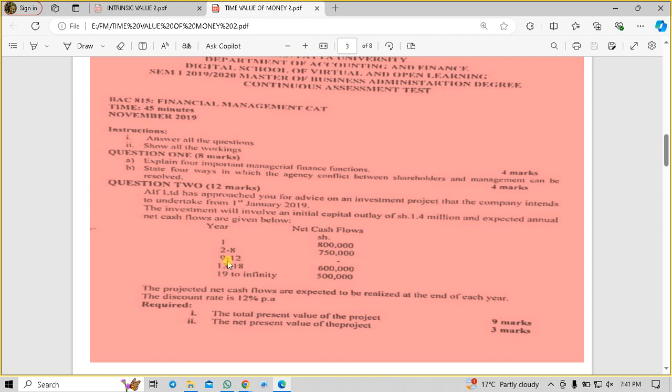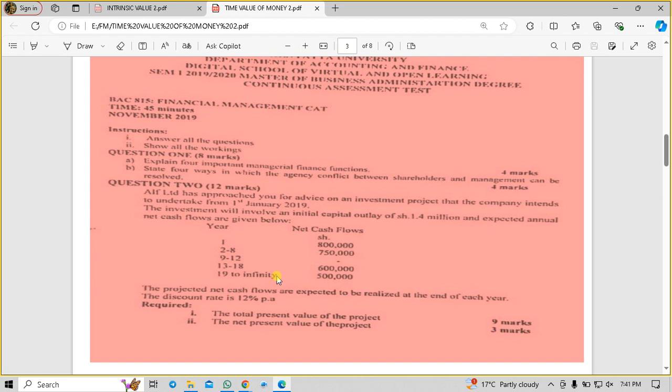750,000. From the 9th year to the 12th year, the net cash flows expected is 0. A dash means that there is no expectation, so they are not expecting to make any cash flow from the 9th year to the 12th year. In the 13th year of the project to the 18th year, they're expecting to make 600,000, meaning that in the 13th year they'll make 600,000, the 14th year, 15th, up to the 18th year.